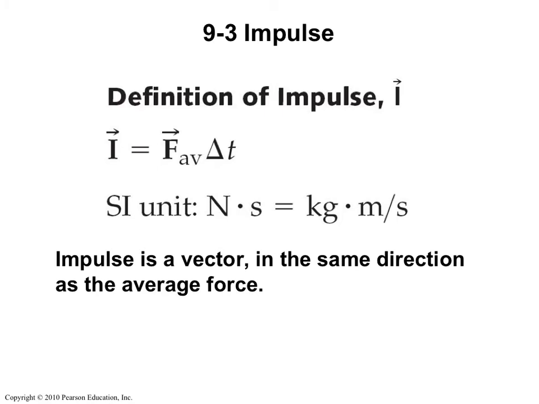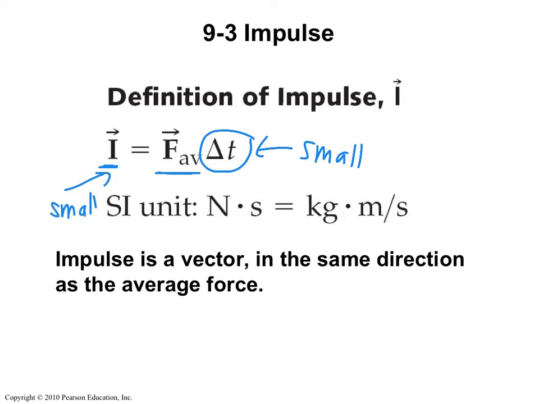Impulse is something that is related to both force and momentum. So I, which is also a vector, equals the force times the change in time. Okay? So as we have a smaller change in time, we also are going to have a smaller impulse.